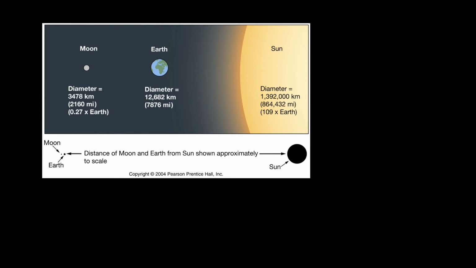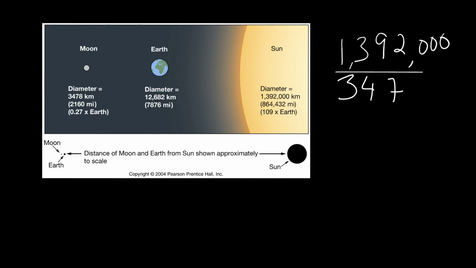So here we have the sun with a diameter of 1,392,000 kilometers, and we're going to divide that by the diameter of the moon, which is only 3,478 kilometers. When you take out a calculator, you'll discover that the answer is approximately 400.